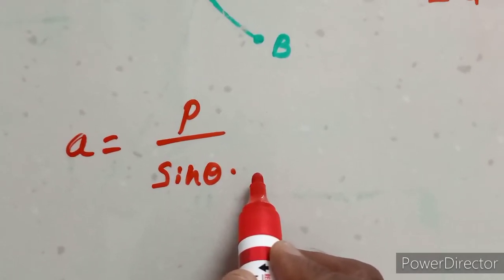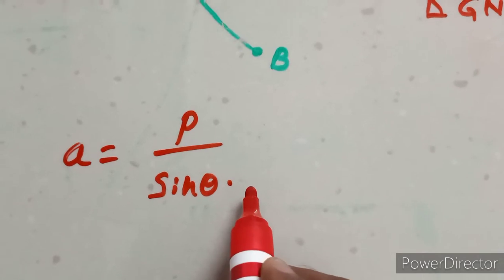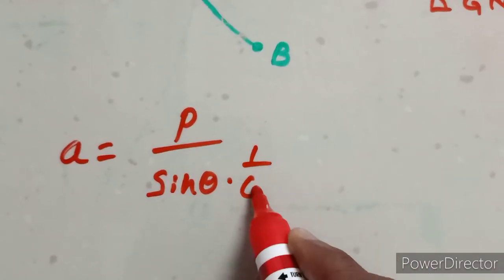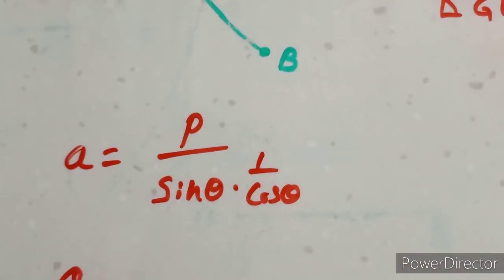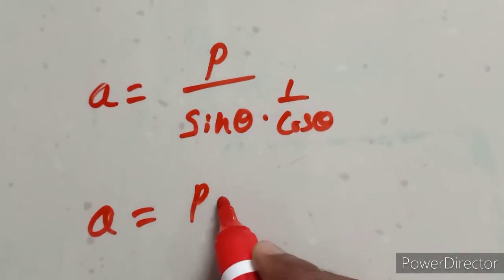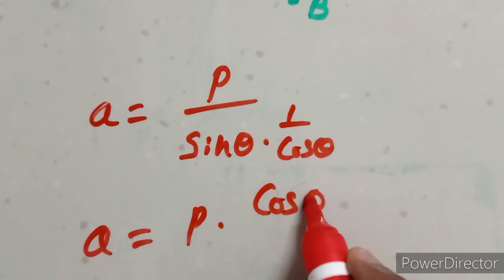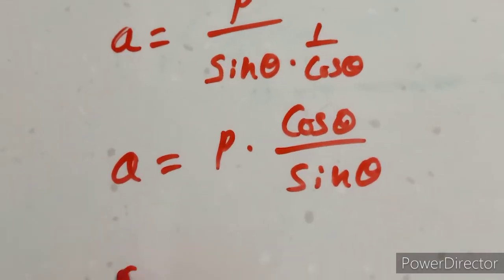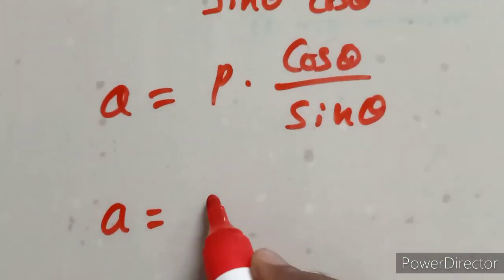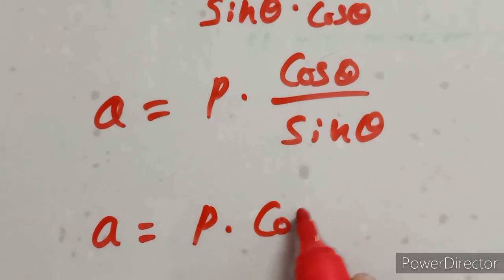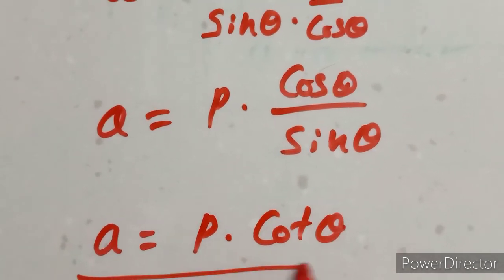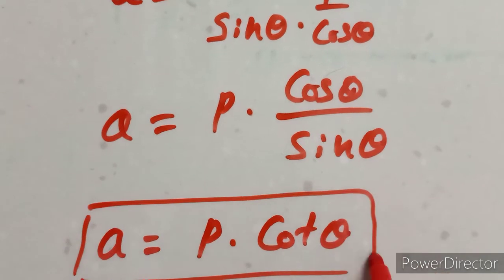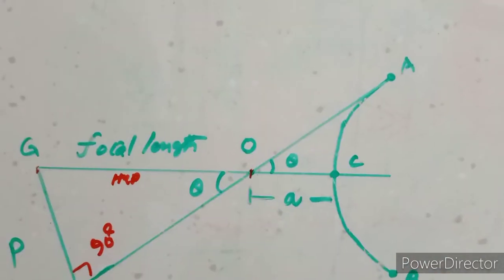Secant theta means 1 upon cos theta. Then a equals p cos theta upon sin theta. Then a equals p cot theta. This is the semi-major axis a.